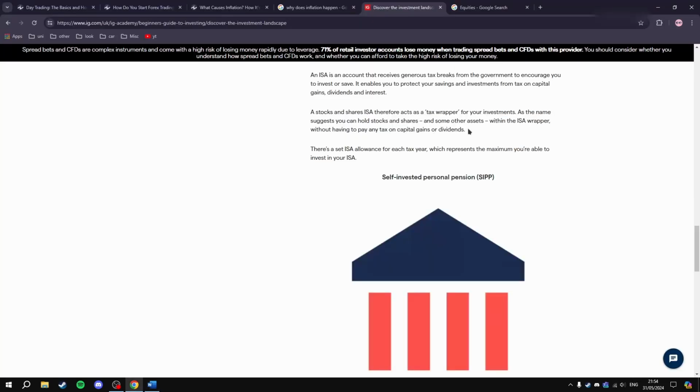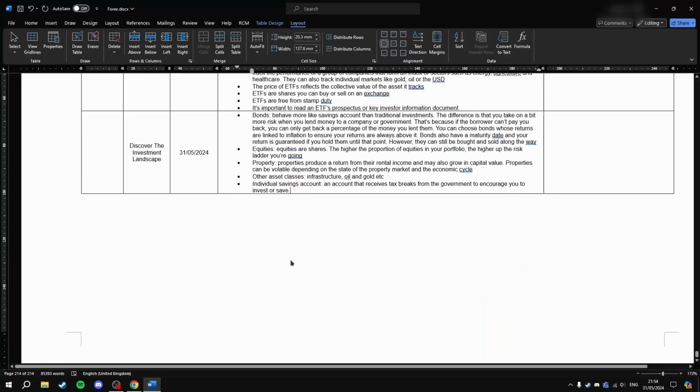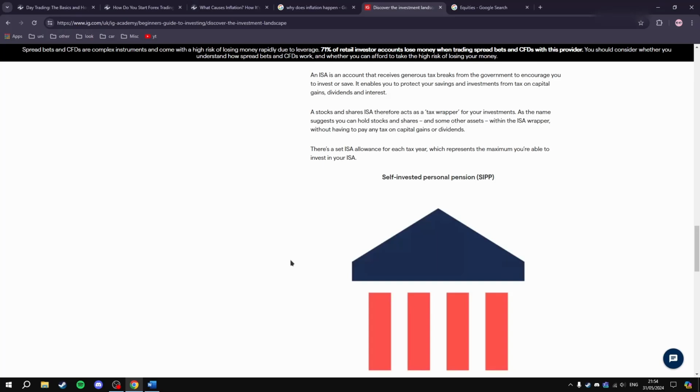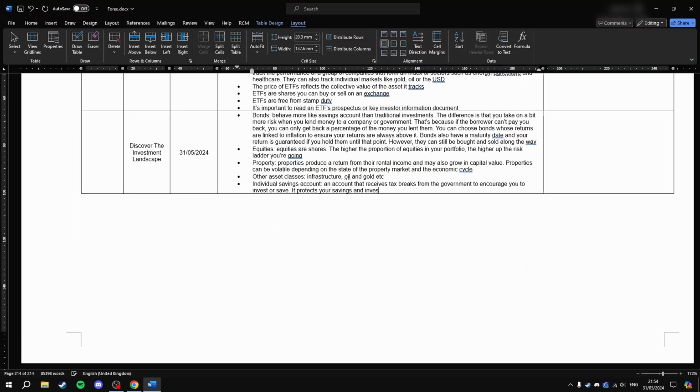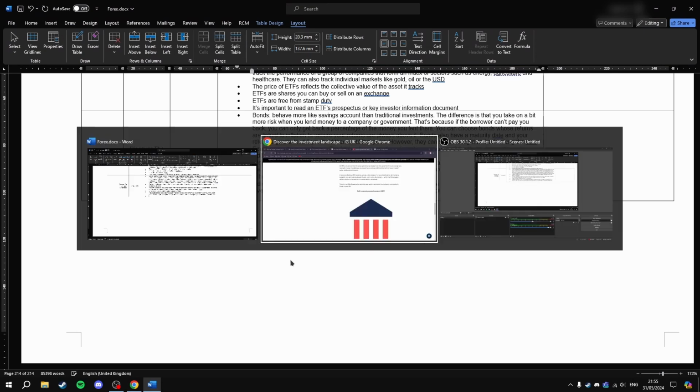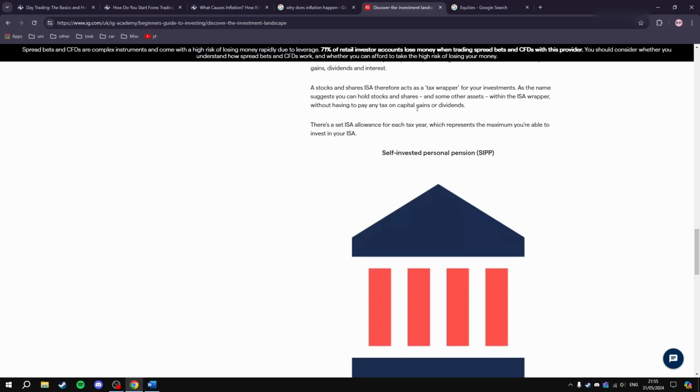It enables you to protect your savings and investments from tax on capital gains, dividends, and interest. A stocks and shares ISA therefore acts as a tax wrapper for your investments.